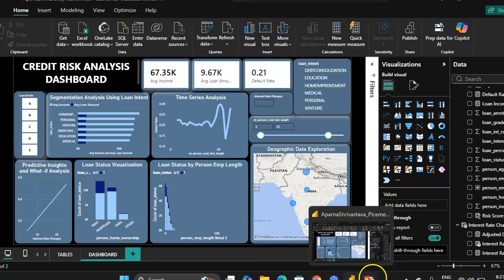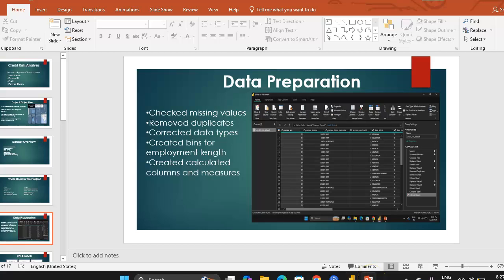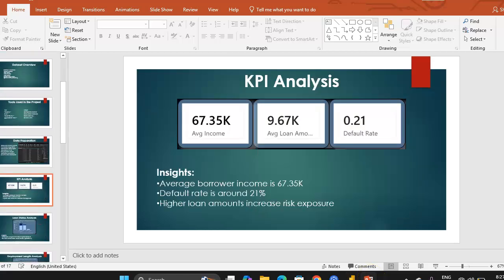Then the KPI analysis. In this section, I created KPI cards to summarize key business metrics. The KPIs included average income, average loan amount, default rate.